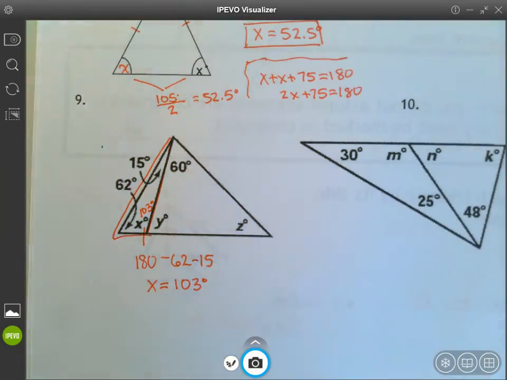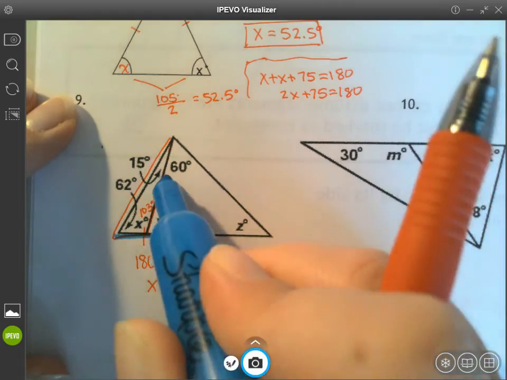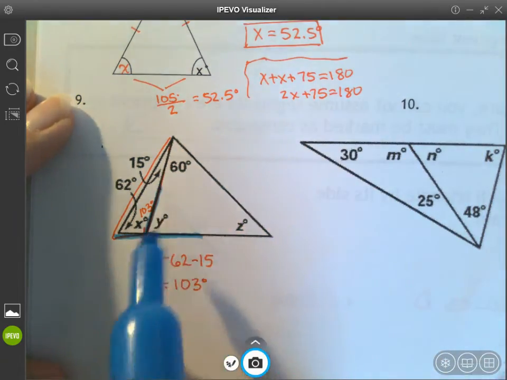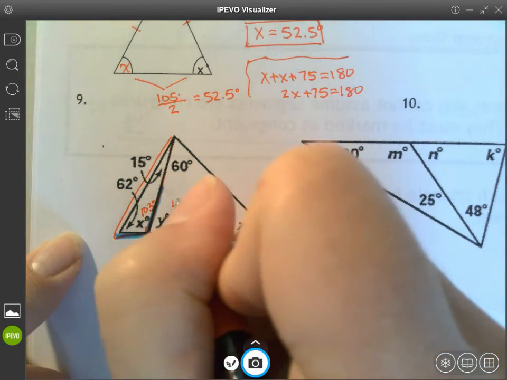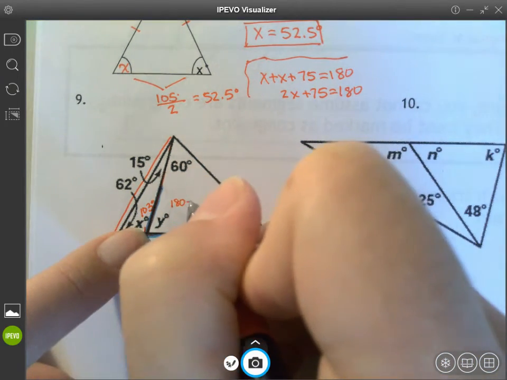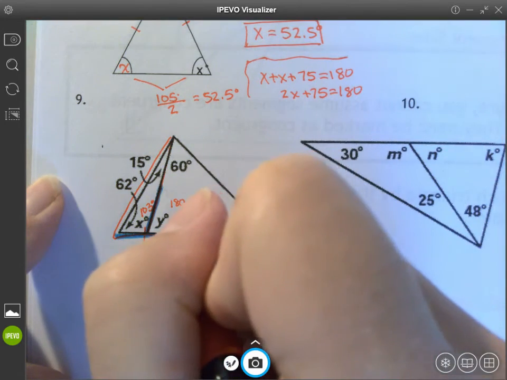How does that help me? Well, here is a line again where we want to use our tools and things we know. Isn't there always 180 degrees on a line? Yep. So this would be 180 minus 103. And that should be 77 degrees.